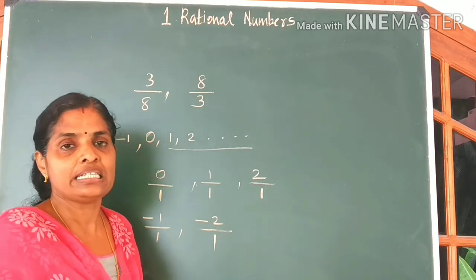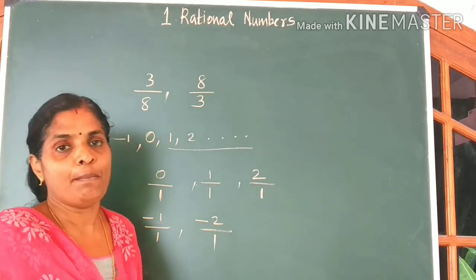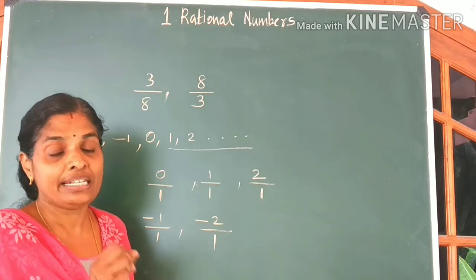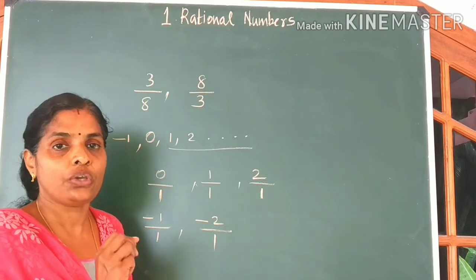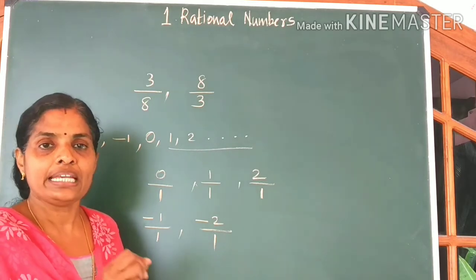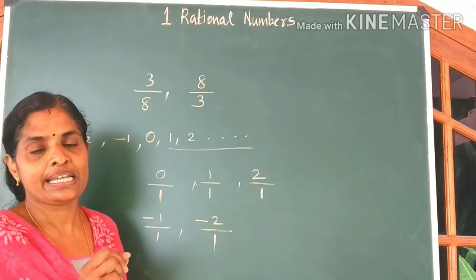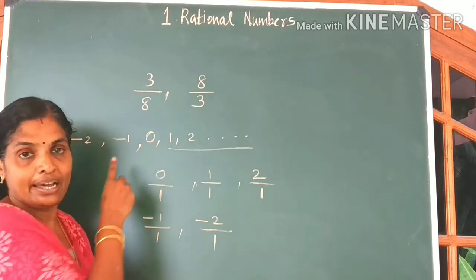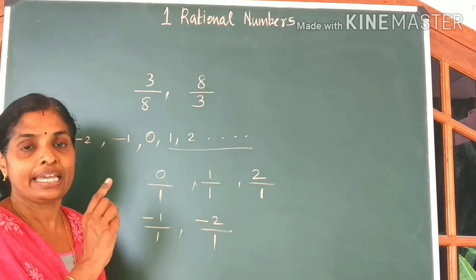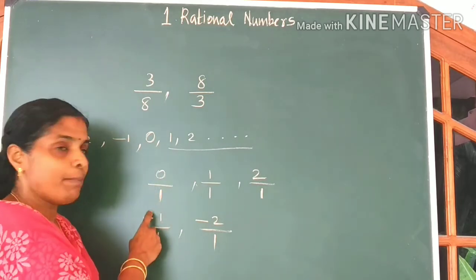So, what are rational numbers? Any number which can be written in the form p by q, where q is not equal to 0, is a rational number. Is it clear? So, you can call 0 a rational number because it can be written in the form p by q.